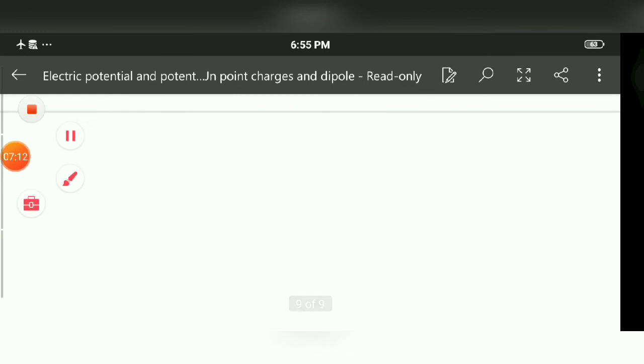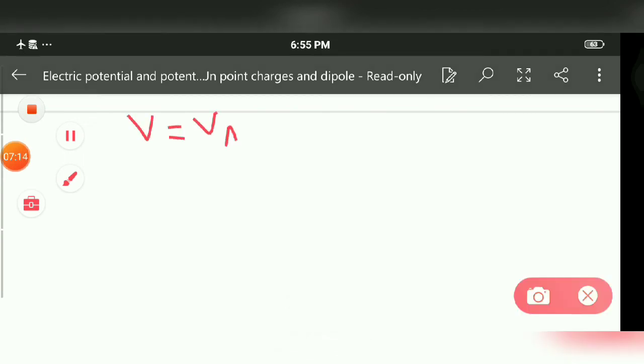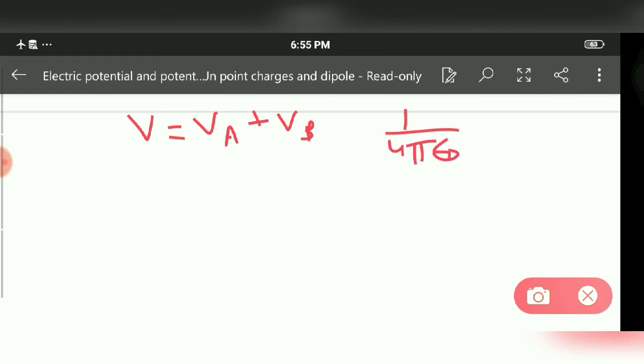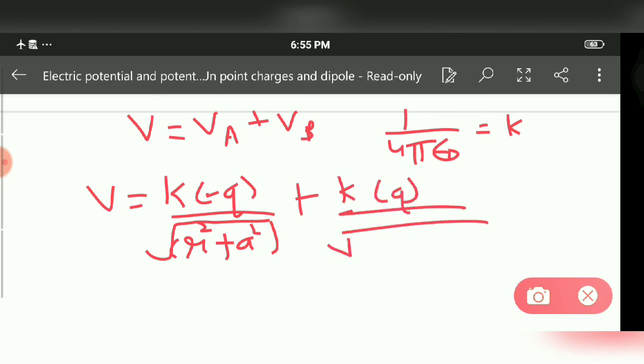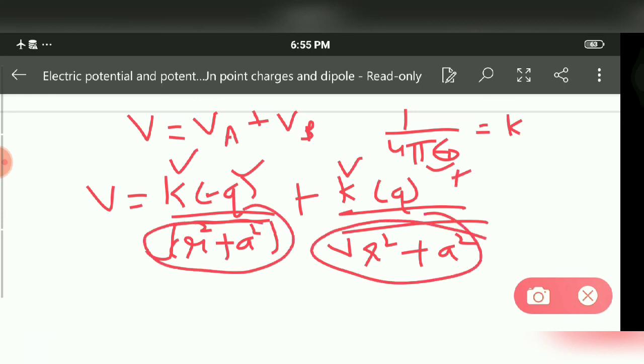So total potential is VA plus VB. Instead of 1 by 4 pi epsilon naught I am going to use k again. So total potential is equal to k times minus q upon AP, AP was under root of r square plus a square, plus k times q upon BP, BP was under root of r square plus a square. Now k is common, q is common, and this term is also common.